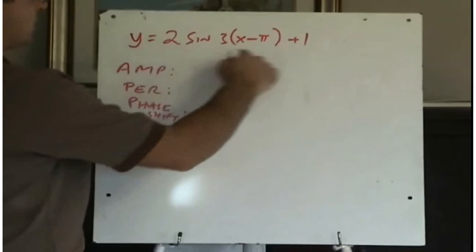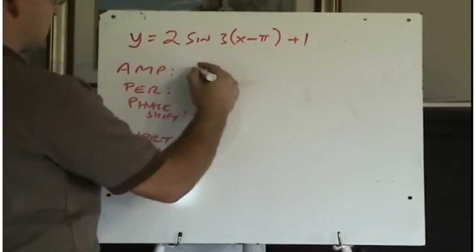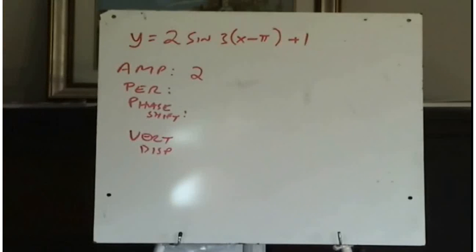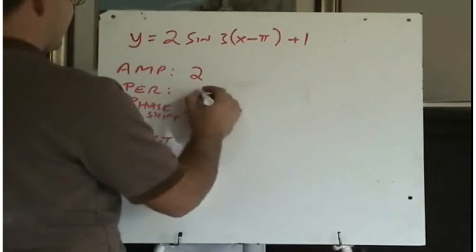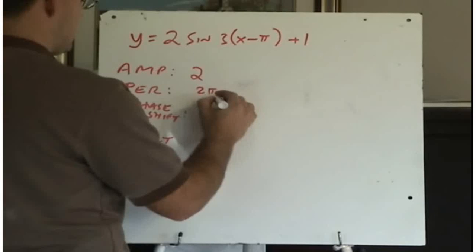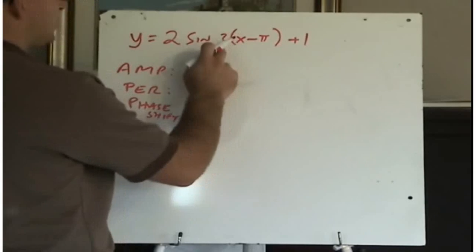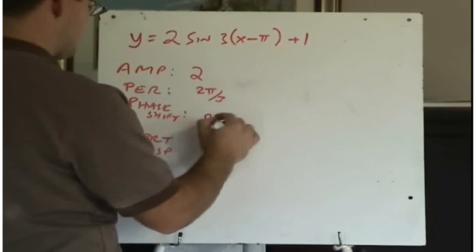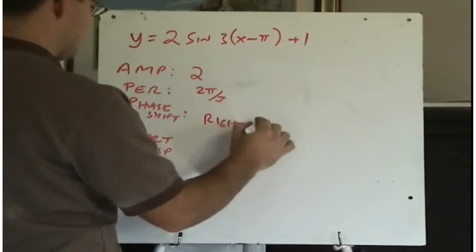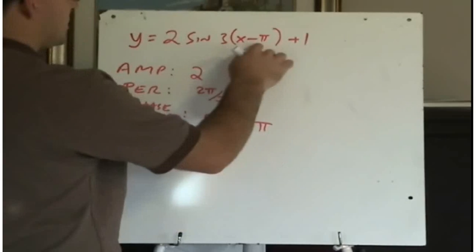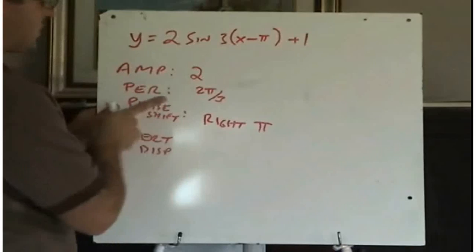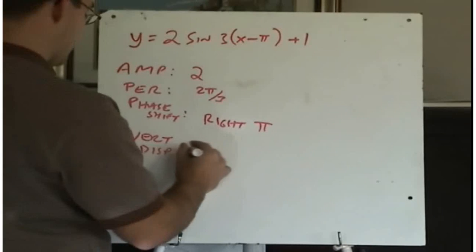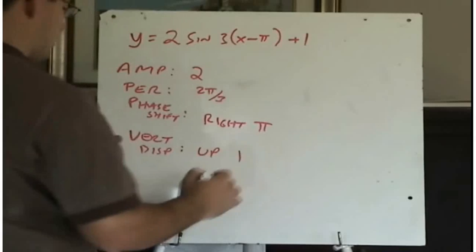So very quickly we can look at this function and say this graph needs to have an amplitude of 2. This function needs to have a period of 2 pi over 3, 2 pi divided by the coefficient of x. Its phase shift is it's been moved right pi, x minus pi moved right pi, so phase shift right pi, and the vertical displacement is up 1.